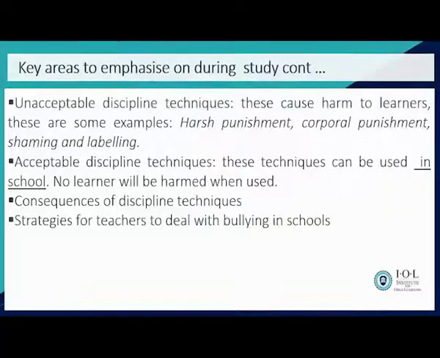You want to beat a child, that is physical punishment, which is quite discouraged. And then shaming a child by saying bad things about the child in front of others, or you label the child to say you don't learn, it's always you and all that. So it's not quite good to say that, and these are unacceptable discipline techniques.